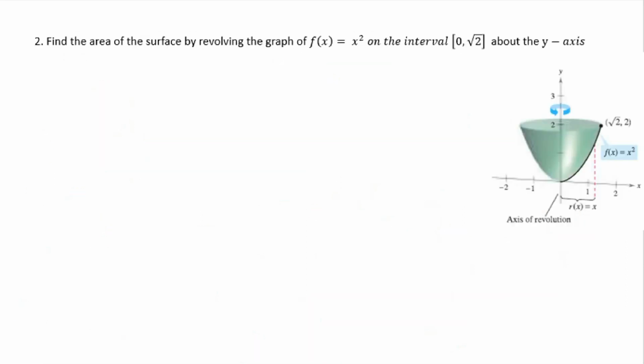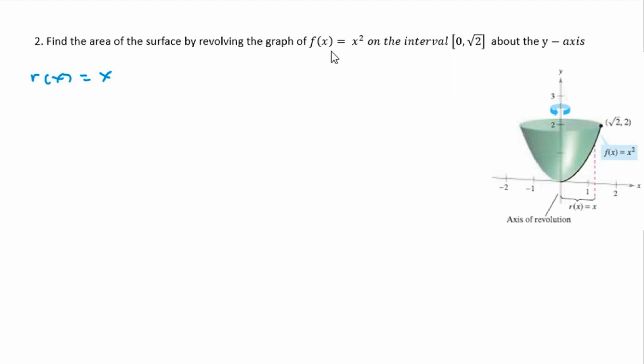For number 2, find the area of the surface by revolving the graph of f of x equals x squared on the interval of 0 to the square root of 2 about the y-axis. So in this case, the distance between the graph of f and the y-axis is r of x, which is equal to x.